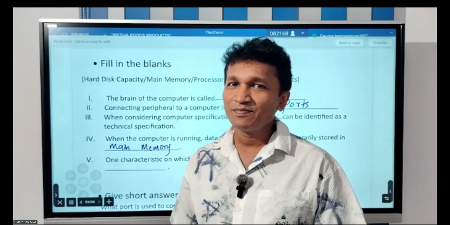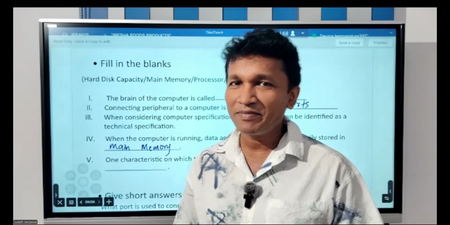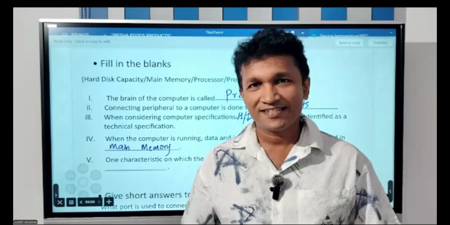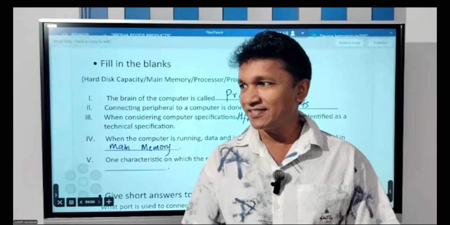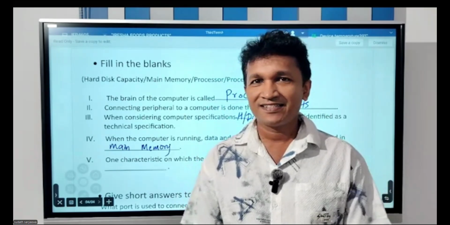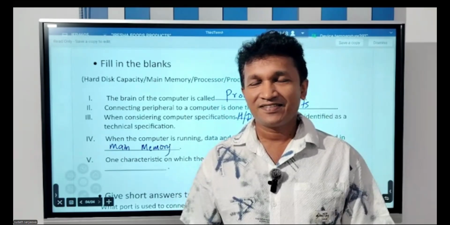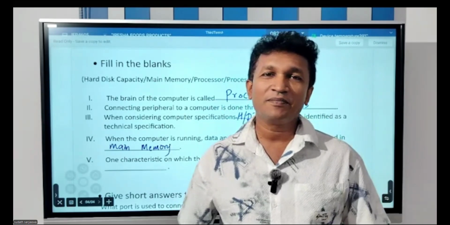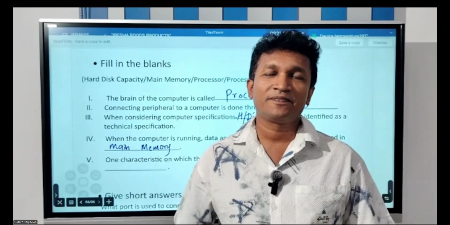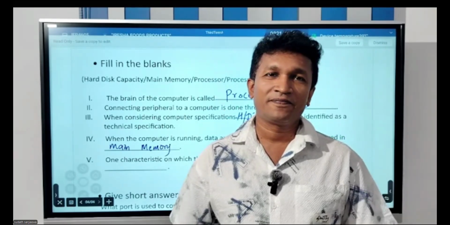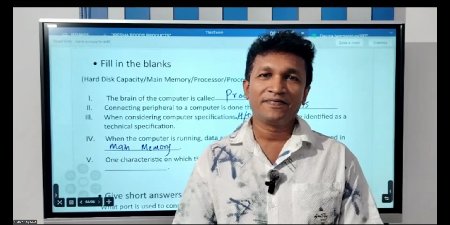Then what is the main memory of the computer? Central processing unit? No, no. Processor and the central processing unit are the same.